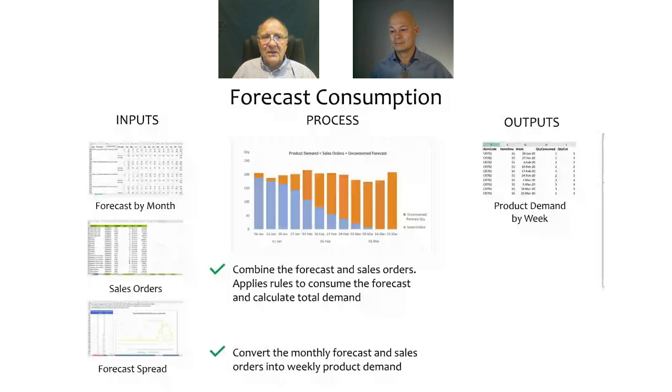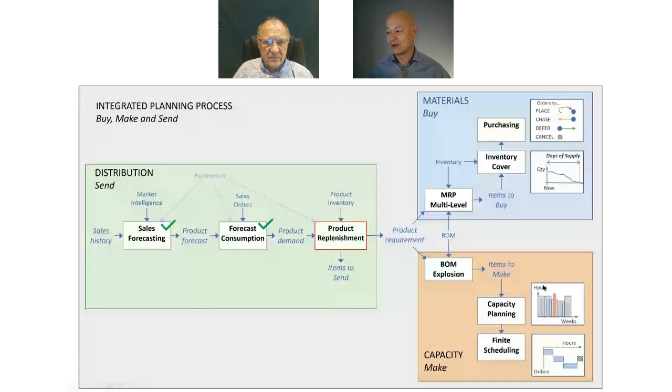There may be sales holidays, public holidays in a month, and the way that the monthly forecast is chopped up into weeks also respects that sort of thing. Okay. So forecast consumption, outputting total product demand by the week.